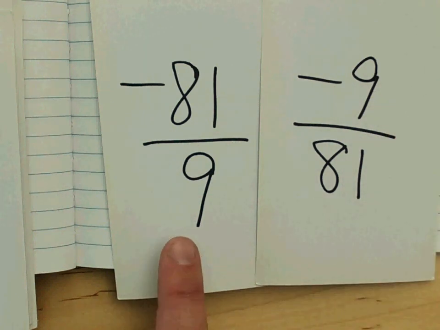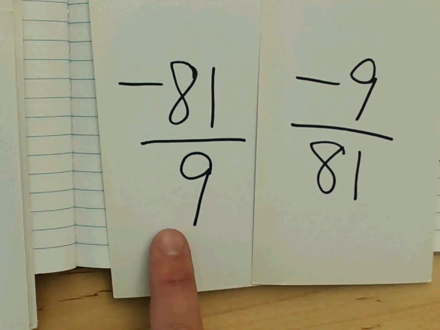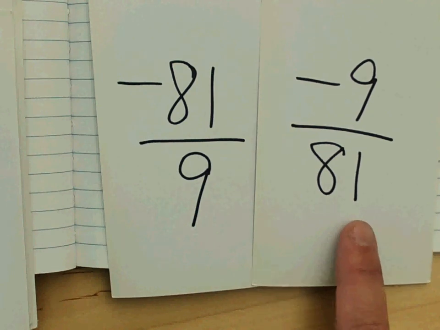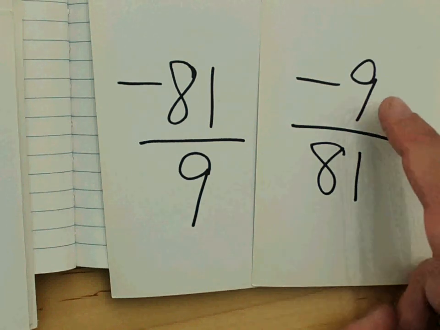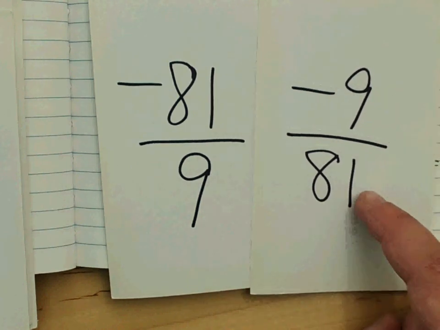So here we have an improper fraction. This one right here is a proper fraction. Can we reduce -9/81? What number goes into both? 9. So 9 goes in here once, 9 goes in here 9 times.